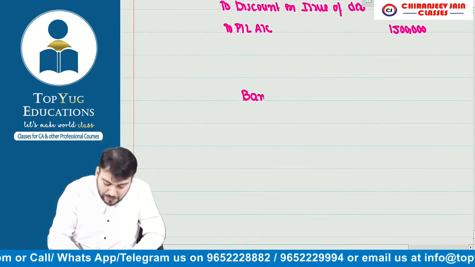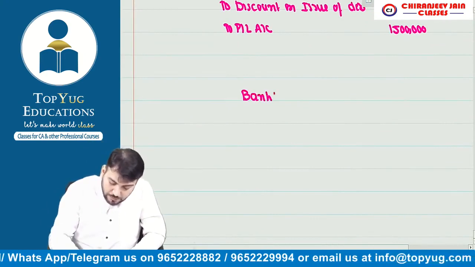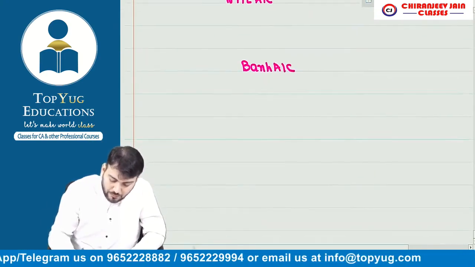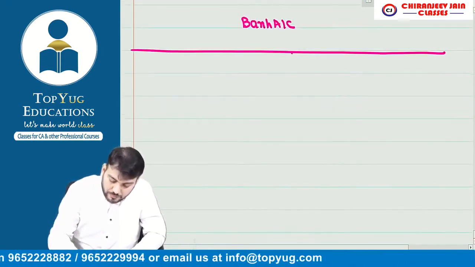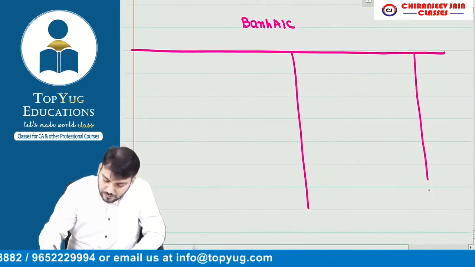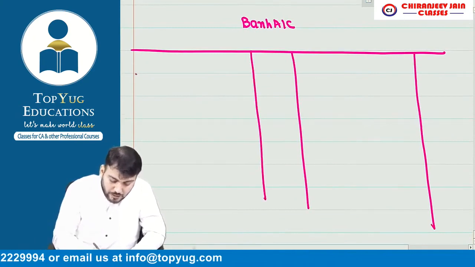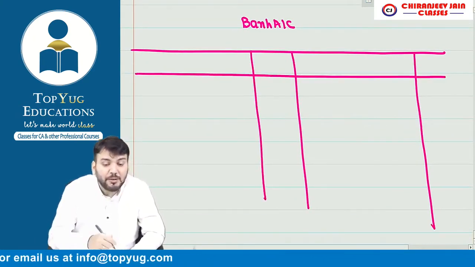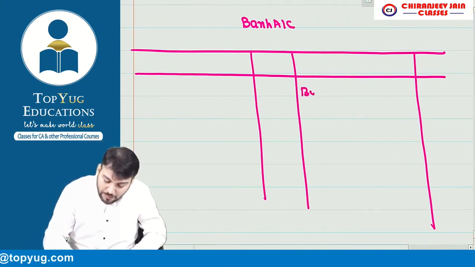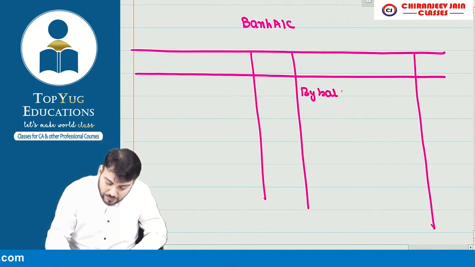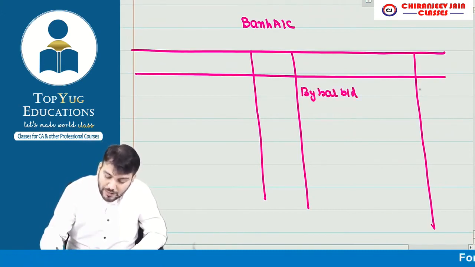So let us prepare the bank account. Bank account. You can see in this they have not given bank balance but there is one bank overdraft. So we'll start with what? By balance brought down 1 lakh.